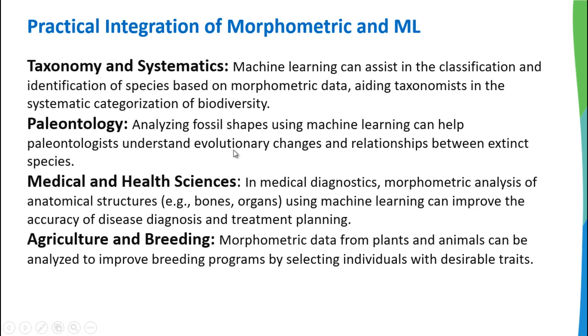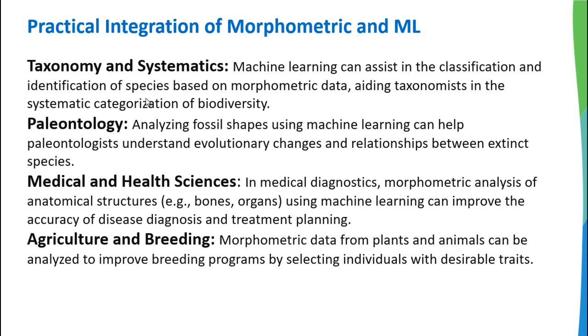So we have practical integration of metrics in machine learning. For example, in taxonomy and systematics, machine learning can assist in the classification and identification of species based on morphometric data, aiding taxonomists in the systematic categorization of biodiversity. In paleontology, analyzing fossil shapes using machine learning can help paleontologists understand evolutionary changes and relationships between extinct species.